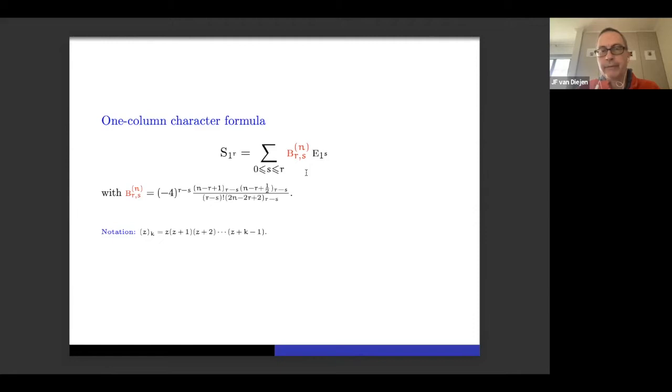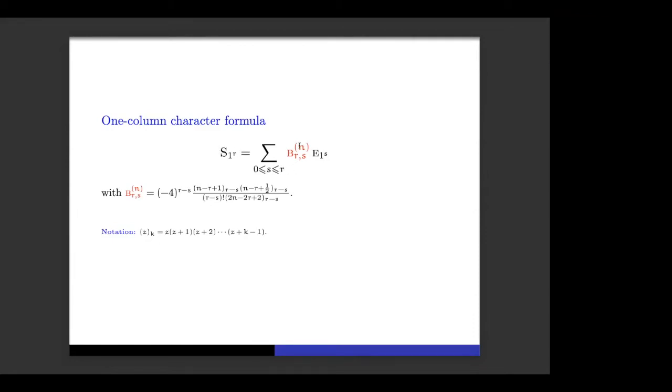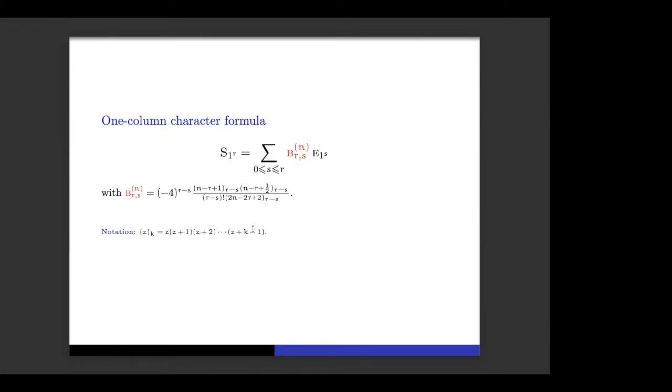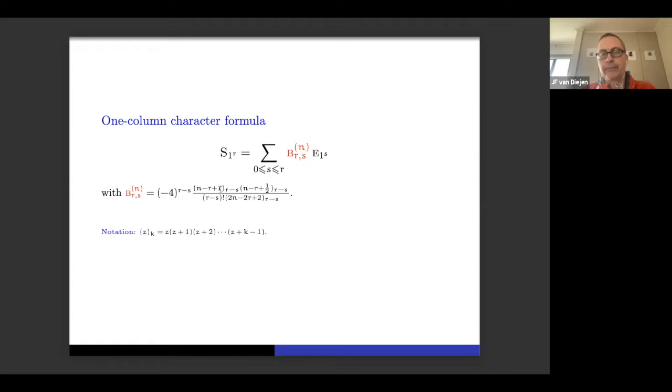But here in the concrete root system, you can do this inversion much more compactly. And actually, these are the coefficients of the inversion. So this is the character expanded in these shifted elementary symmetric functions. This is just a shifted factorial. So it's a very compact formula in that case.